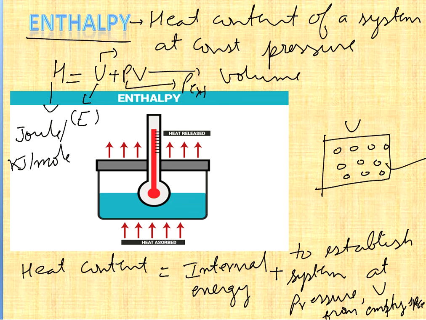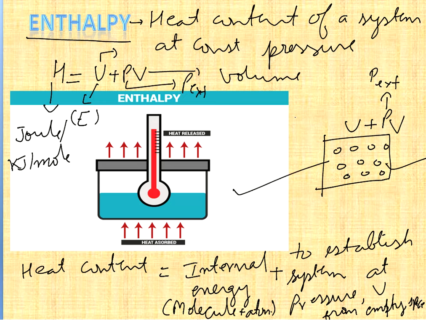So H equals internal energy plus PV. P is the external pressure, V is the volume. Clear? Internal energy is of molecules and atoms, and can be of electrons also. You can see in the diagram, enthalpy, heat released or heat absorbed. That is the important part.